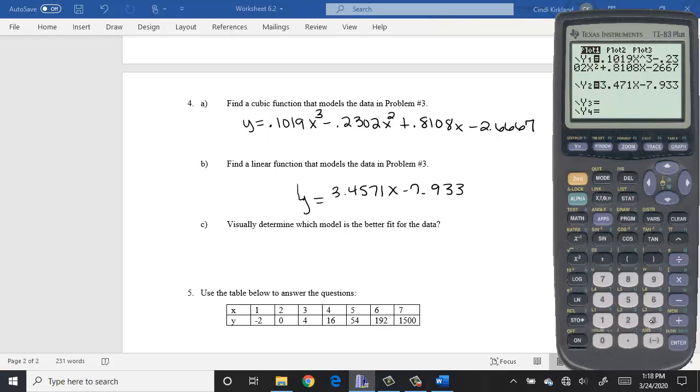Okay, so I've put in my cubic function in y1 and in y2, my linear function. So I'm going to zoom 9, see if we can see. In y1, I put my cubic function in first. That's a straight line, so that would be my linear function.